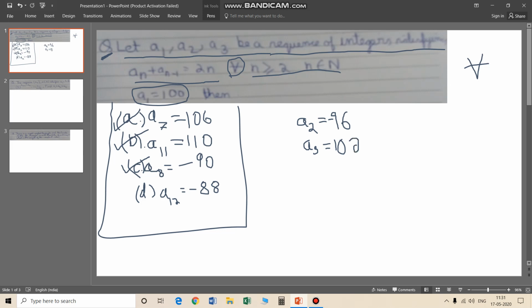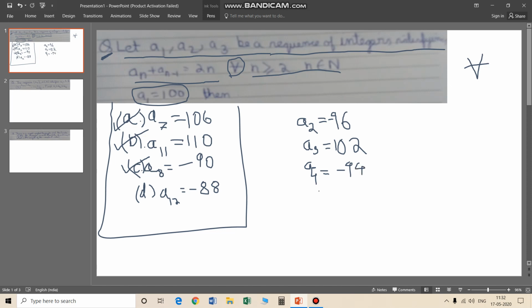Now we will come across a very nice form of a series after finding a4. a4 will be 8 minus 102, which is minus 94.